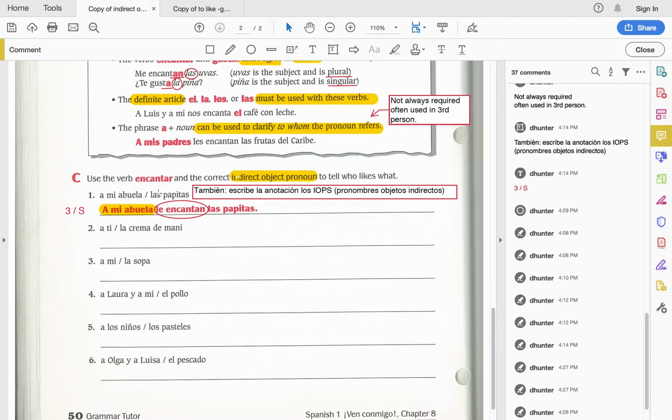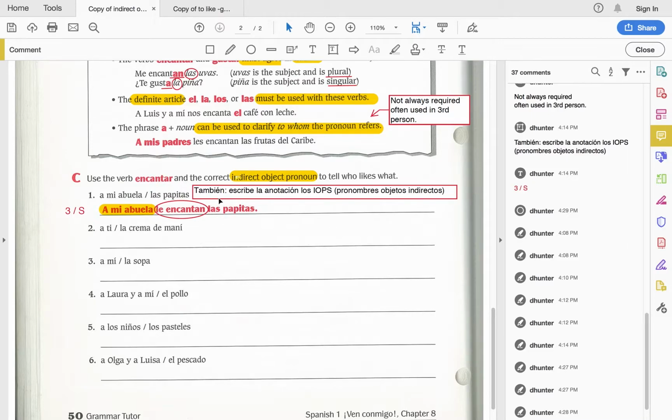Again, I'll go through those steps. First, write this section here. To who is being pleased. Then tell me who is being pleased by writing the correct IOP. After writing the correct IOP, you want to go ahead and conjugate encantar based on what is pleasing.